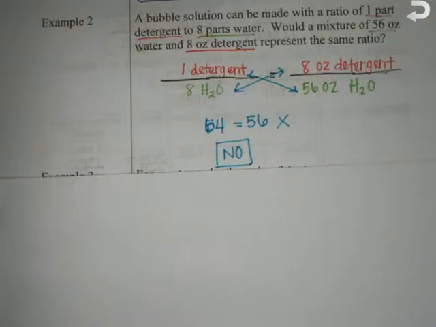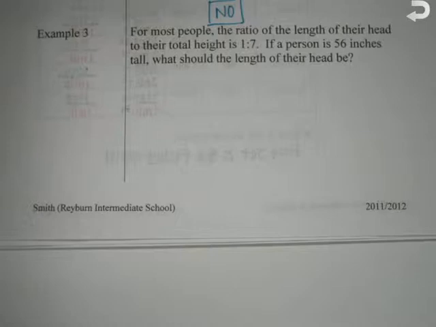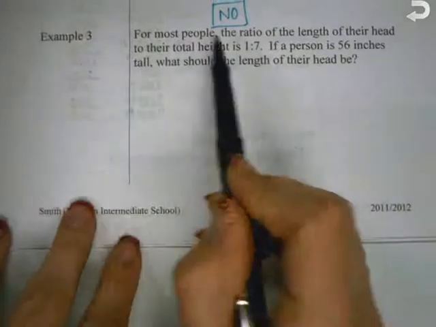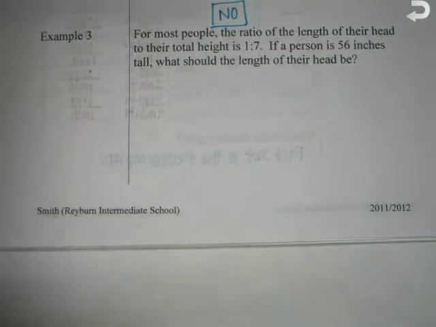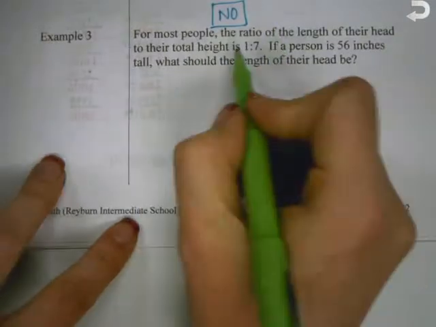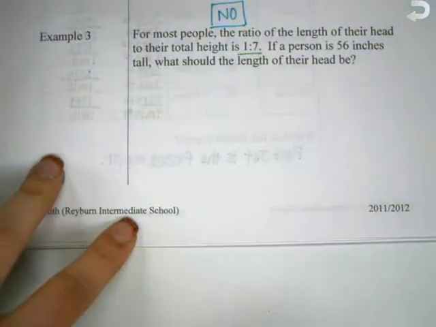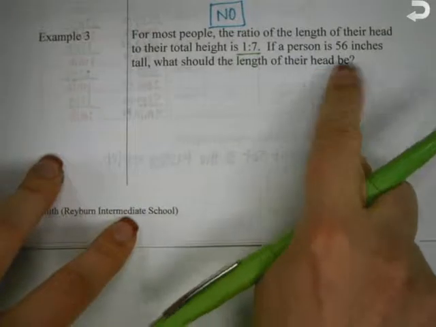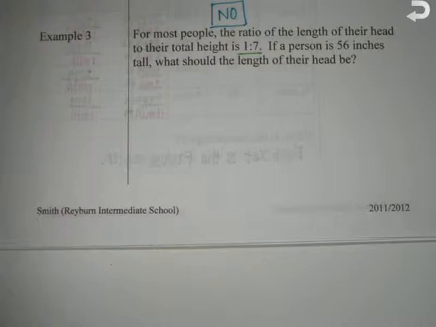Okay, so example 3. Here's our problem. For most people, the ratio of the length of their head to their total height is 1 to 7. So here's the ratio. They give it to us, 1 to 7. If a person is 56 inches tall, what would the length of their head be? Okay, first of all, how many of you have seen a proportion written in this way before?